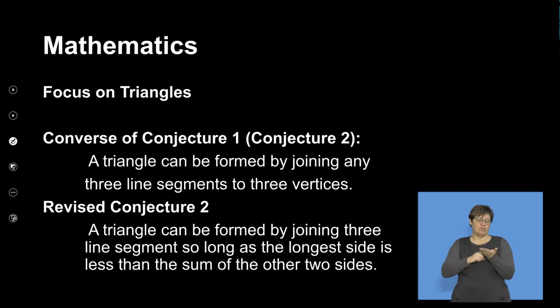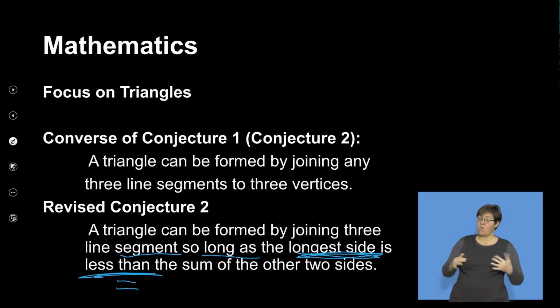In this instance, remember in terms of conjecture 2, this will be: a triangle can be formed by any 3 line segments to 3 vertices. But a triangle can be formed by joining 3 line segments so long as the longest side is always less than the sum of the other 2 sides or equal to the sum of the other 2 sides.